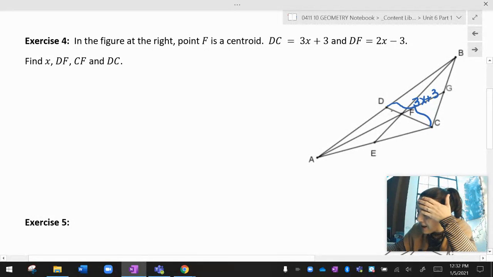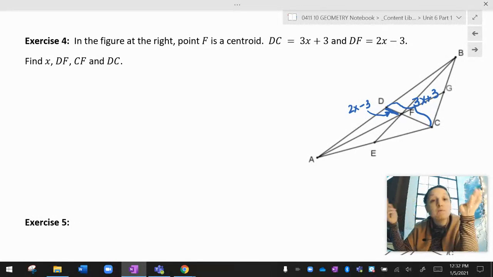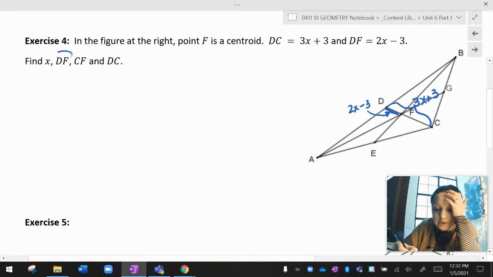And DF, just this little part here, is 2x minus 3. Find x, DF, FC, and DC. Fun fact to remember, when you see something like DF and it doesn't have the bar over it, like this one does not, that means find the length of DF, FYI.